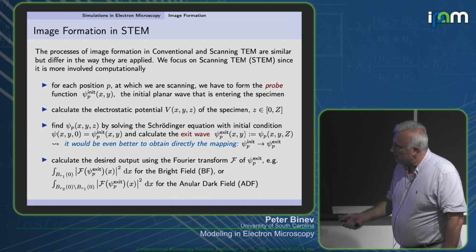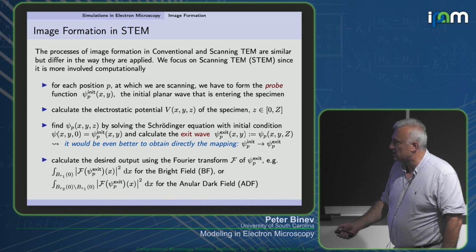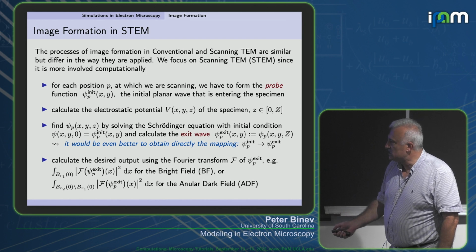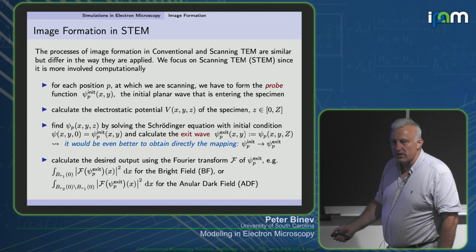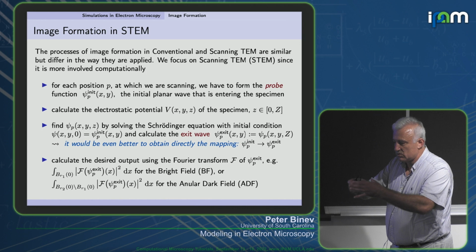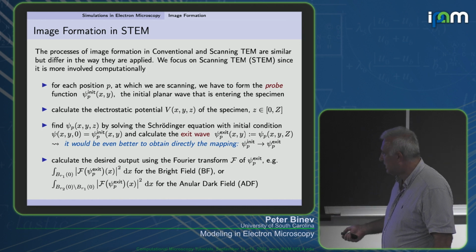And then the last step: how from the exit wave we receive the results? If we have the bright field, we simply integrate the square of the Fourier transform of the exit wave on a circle, which actually represents the bright field.